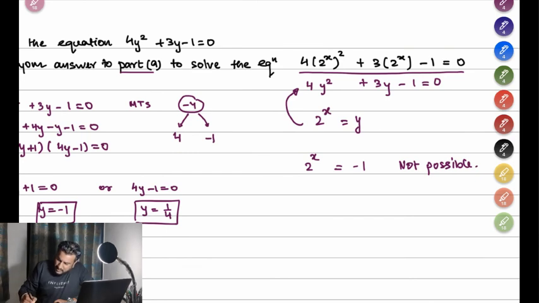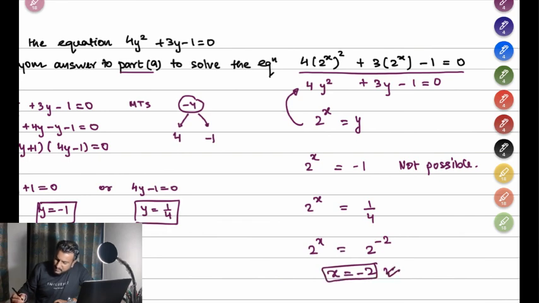Next is 2 to the power x equals 1/4, which implies 2 to the power x equals 2 to the power minus 2, which gives us x = -2. So the possible solution for the given equation is x = -2.